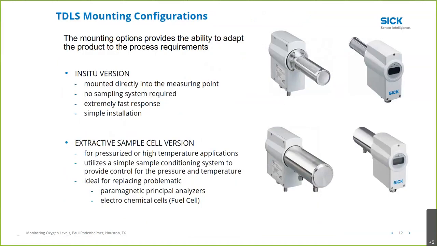So based on this, we actually have several mounting options to allow us to adapt this to different process environments. The in situ version, which is seen at the top, has simply the measuring cell inserted in and directly exposed to the sample stream.